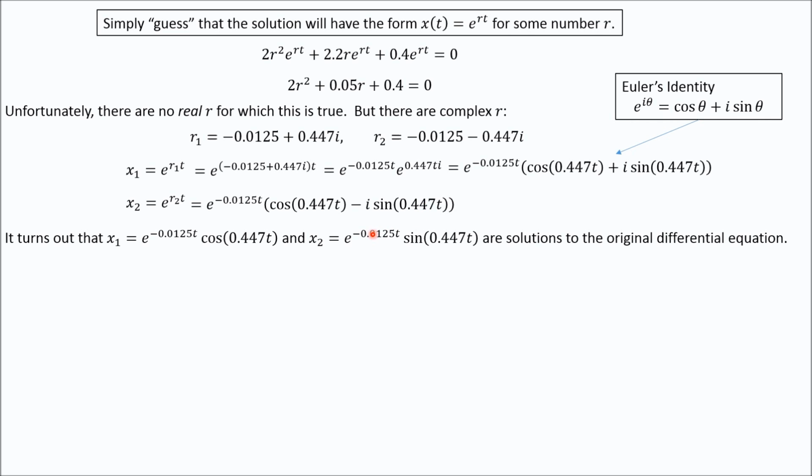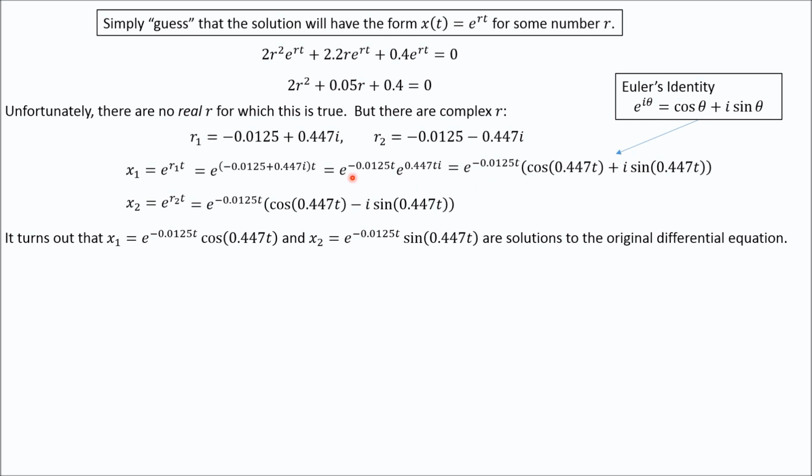It turns out that the real part of this solution is a solution to the differential equation. And the imaginary part, if you get rid of the i, also so happens to be a solution to the original differential equation. So I'll let you take that in for a second.